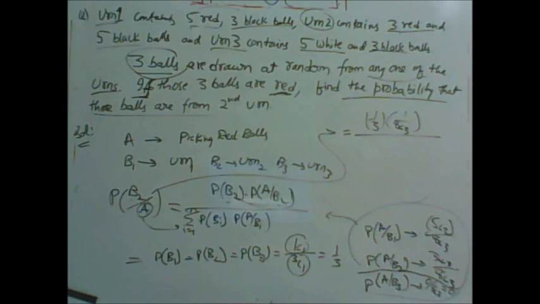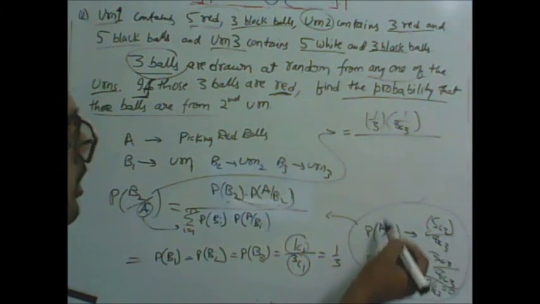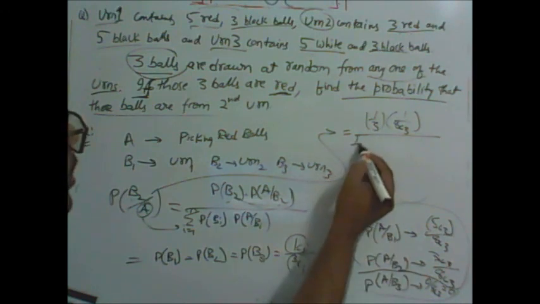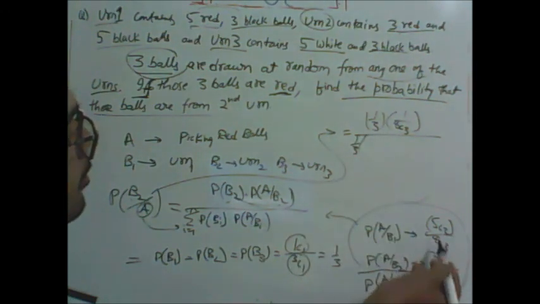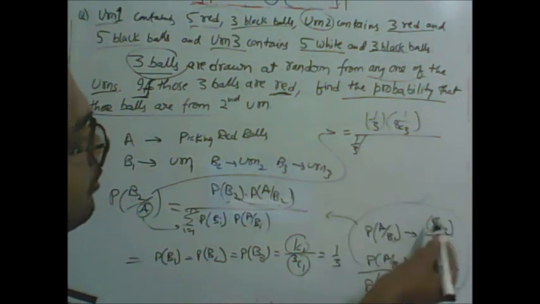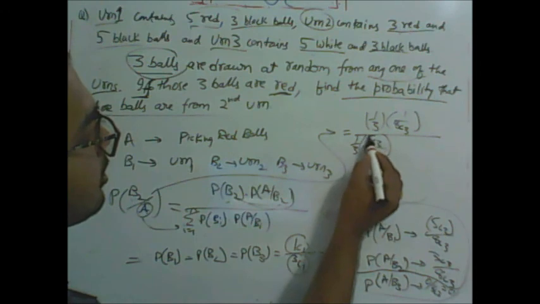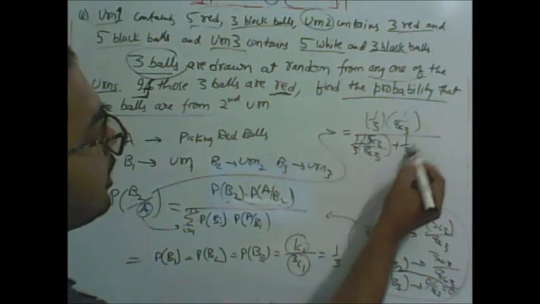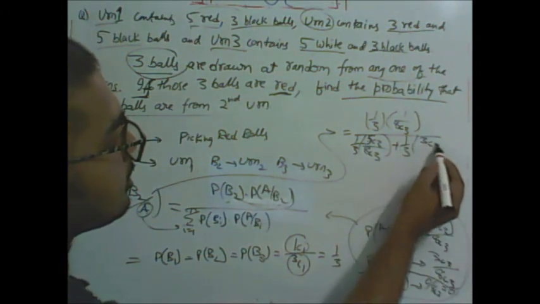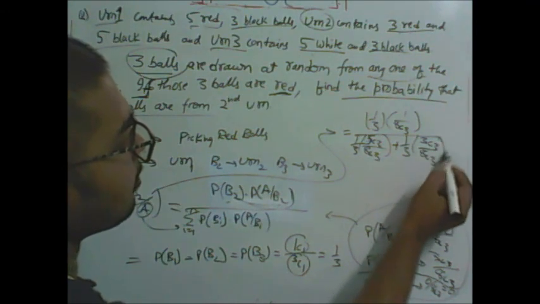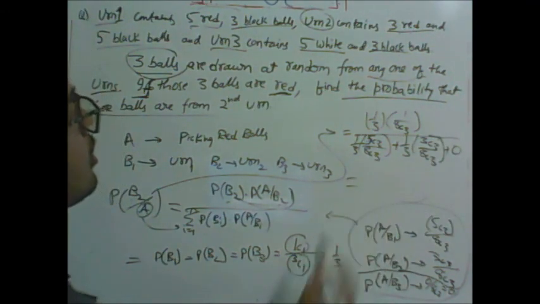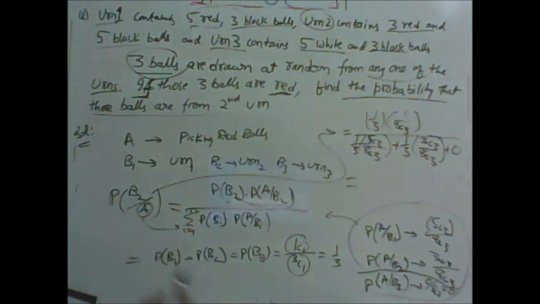This is divided by the summation: this plus this plus this, so PB1 into P of A by B1, plus PB2 into P of A by B2, plus PB3 into P of A by B3. PB1 is 1 by 3 into P of A by B1, which is 5C3 divided by 8C3, plus 1 by 3 into 3C3 divided by 8C3, plus the third one, which is 0.